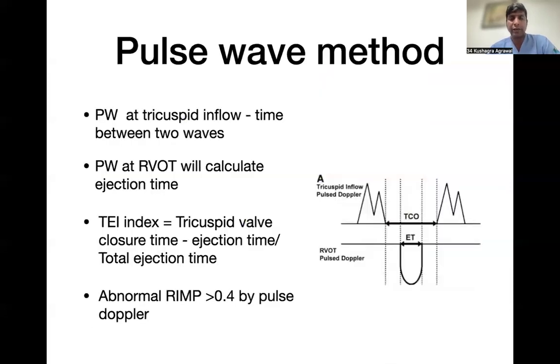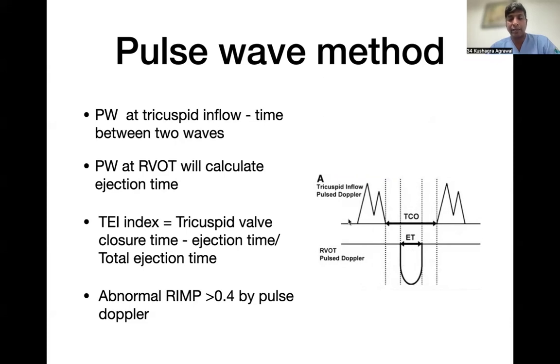Similarly, we can measure the T score using only the pulse wave method. Two different windows are required: one through the tricuspid valve and another through the pulmonary valve. The pulse wave placed in the RVOT will show this graph, which shows the ejection time.